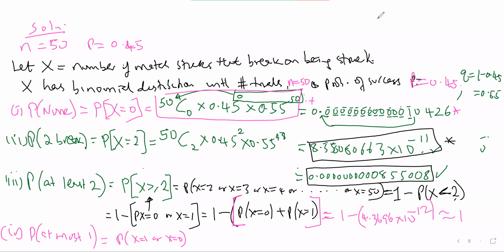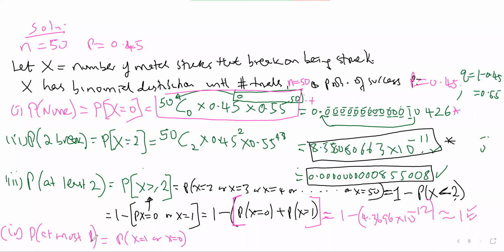So we have already looked at Roman 3, where we saw that the probability is approximately equal to 1. Then I want you to try this: probability that at most 1 break. At most 1 means either 1 or less, and 1 or less means 1 or 0.